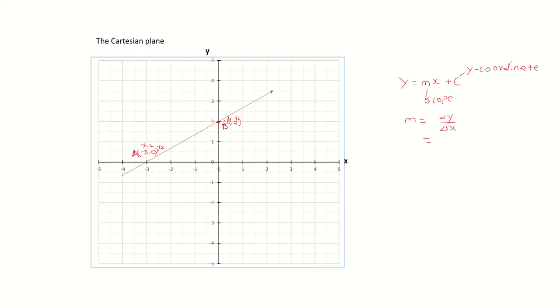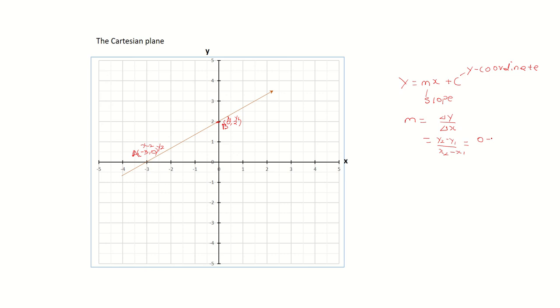So we have change in y divided by change in x. That means y2 minus y1 divided by x2 subtract x1, and now we substitute.